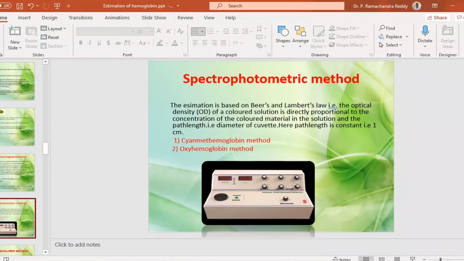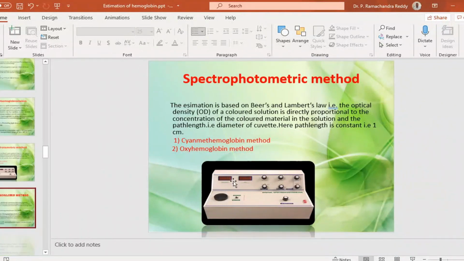I'll tell you what the spectrophotometric method is. Cyanmethemoglobin, methemoglobin, or oxyhemoglobin can be measured by spectroscopic or spectrophotometric methods by measuring the optical density.